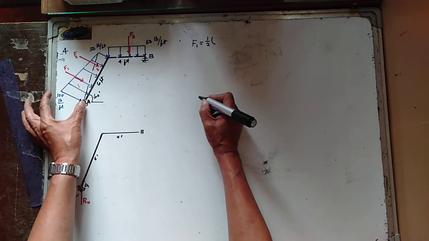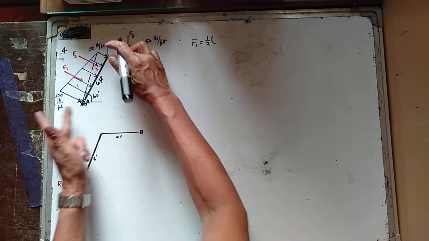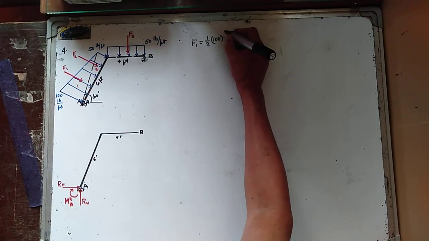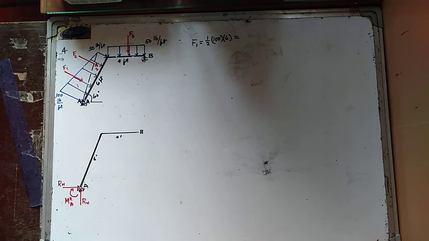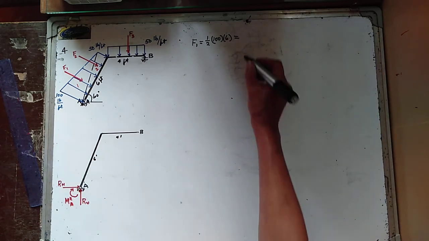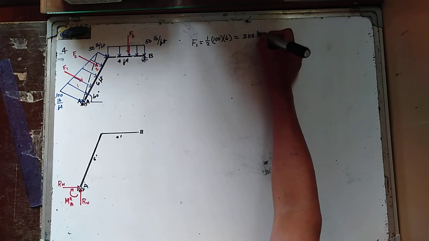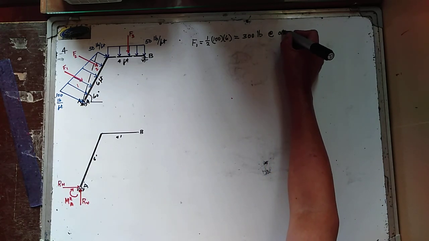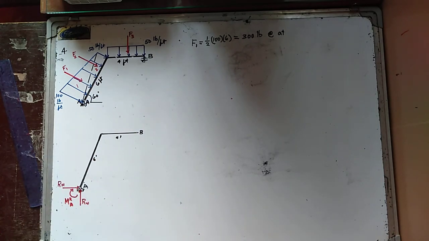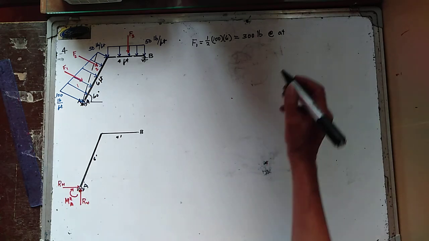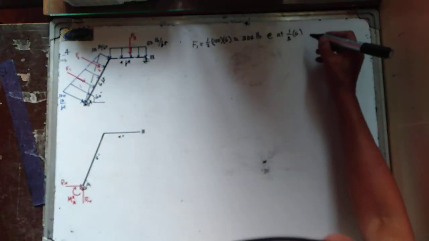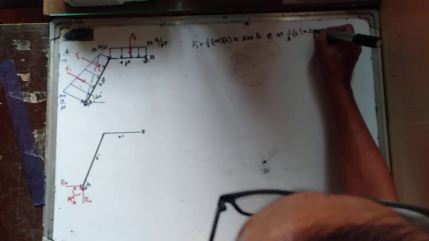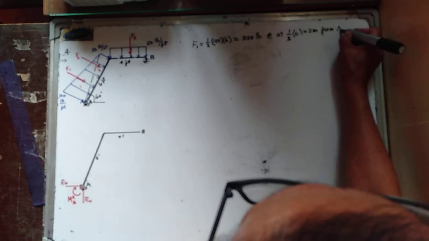This is equal to 300 pounds, and this is acting at 1/3 of 6 from point A. So it's 1/3 of 6, which is equal to 2 meters from point A.